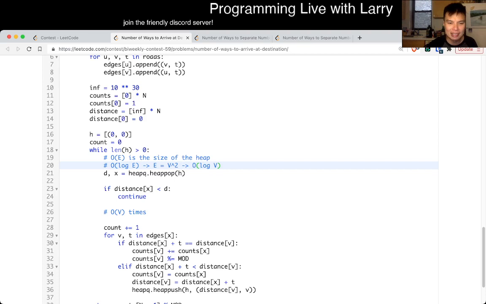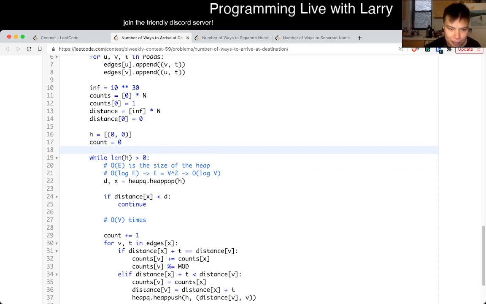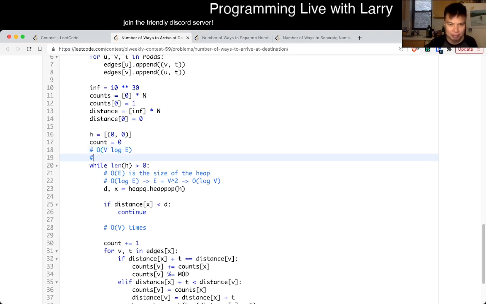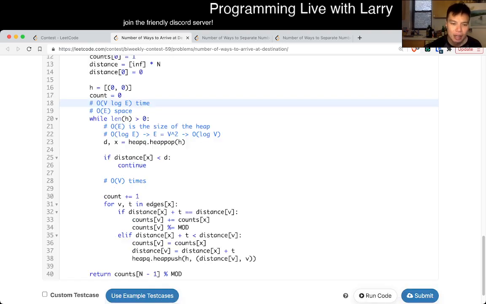So that means that this complexity is going to be O of V log E. And in terms of space, this is O of E space for that reason. Yeah, so that's basically it.